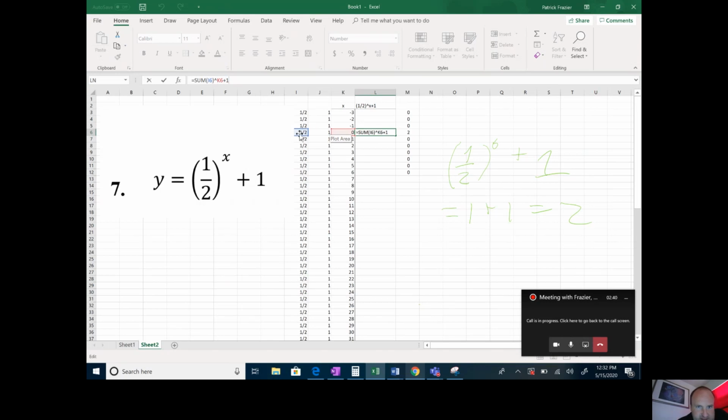You could just plug that in itself, but I made a cell for 1/2 and carried it all the way down for demonstration purposes, to the power of K6, where 0 is, that's our x value, plus 1, and I just carried 1 down everywhere, so when I drag the formula down, it'll adjust to each cell.